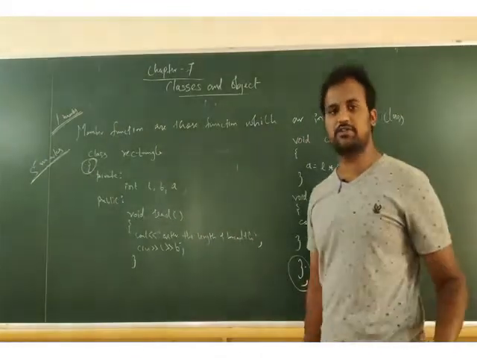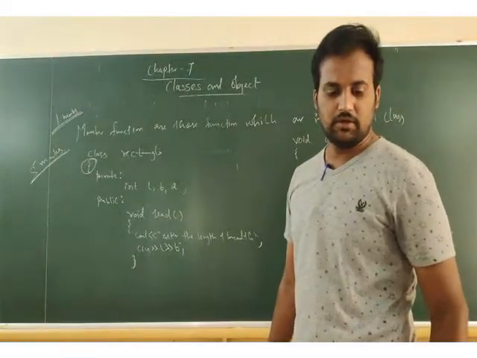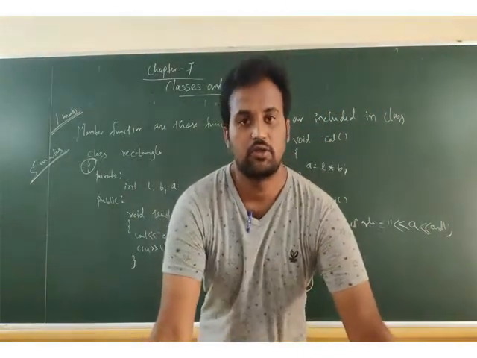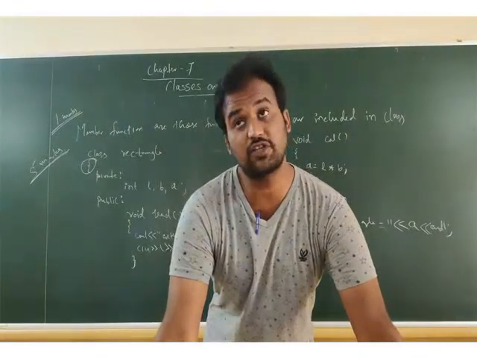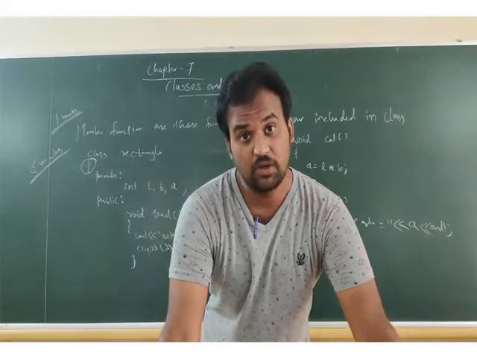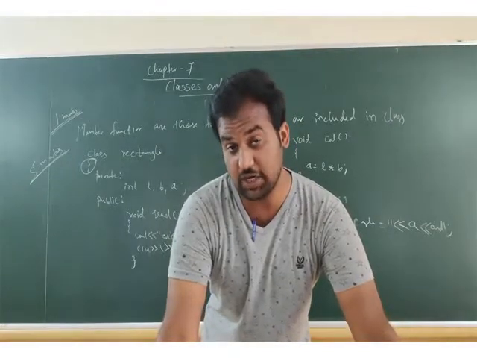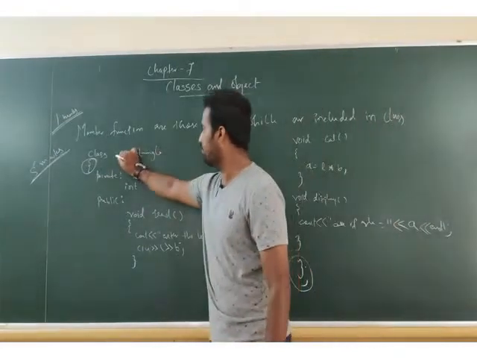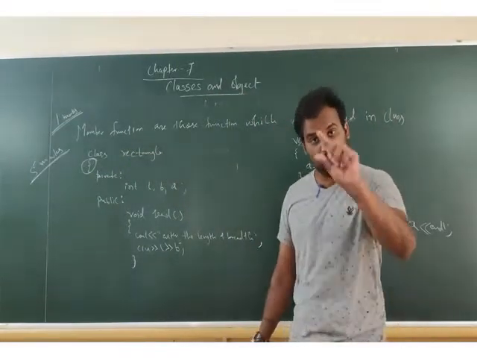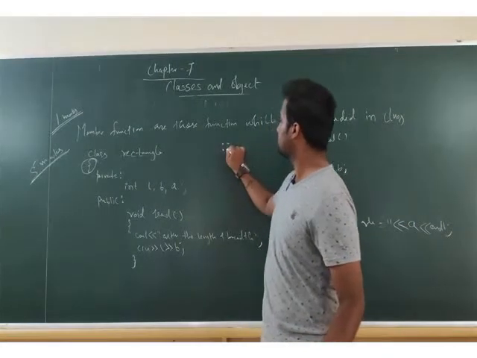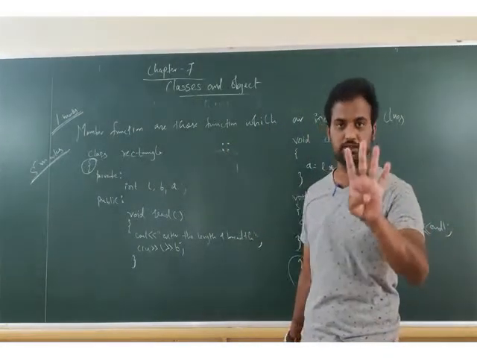Now the meaning of outside the class. How to access outside the class: we have to write the class name with the scope resolution operator and the function name. The scope resolution operator is these four dots.